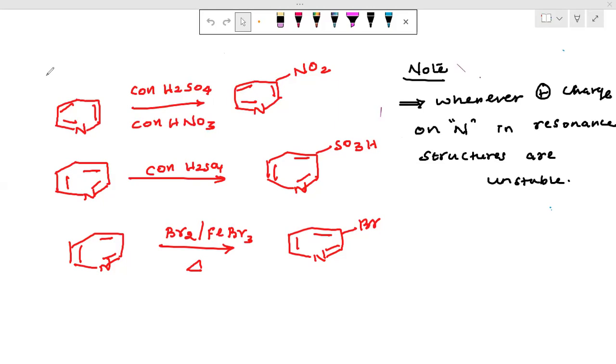Next, we move on to nucleophilic substitution. In electrophilic substitution, compared with benzene, what is the reactivity order?